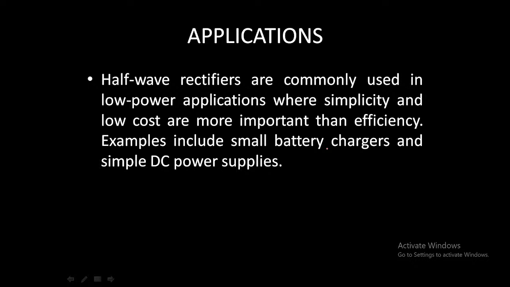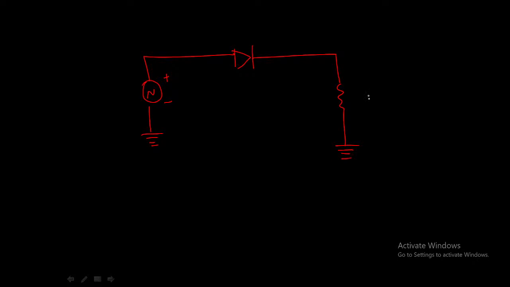Now let us see the effect of barrier potential on the half wave rectifier. Let us see this diagram again. We have a ground, a voltage source with minus and plus, a diode present here, and a load resistor RL which is grounded.